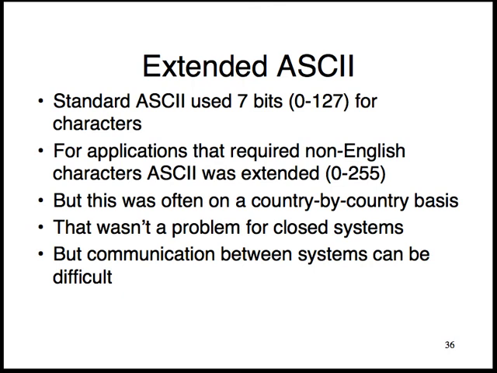So ASCII was extended, in the positions from 128 to 255. If you have an 8-bit ASCII, if the first bit is 0, then you're talking about 0 to 127. That's standard ASCII. But then from 128 to 255, when the first bit is 1, well, then that's not standard.